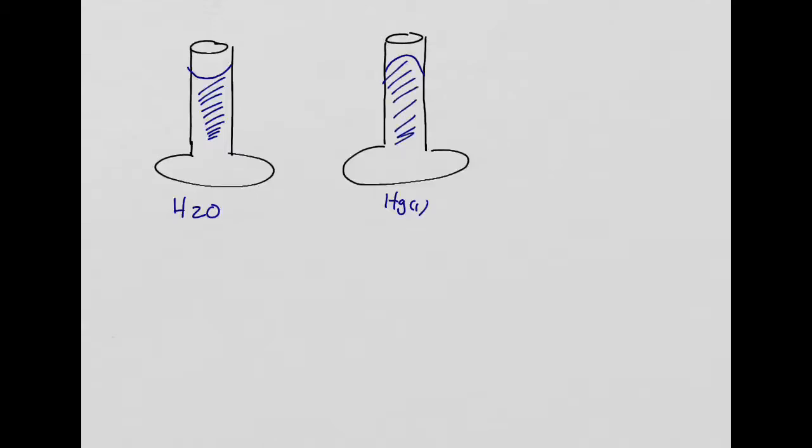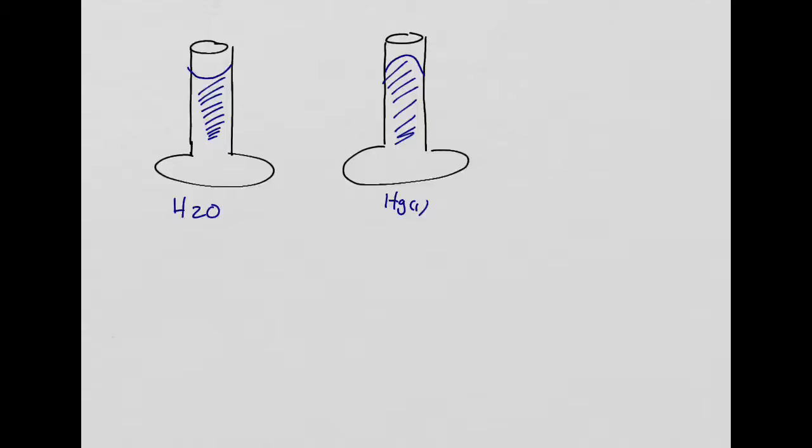Now, you already noticed when you put water in a graduated cylinder, what does the water look like? Every time you put water in a graduated cylinder, the water has a meniscus, right? Why does the water have a meniscus? It has a concave shape.